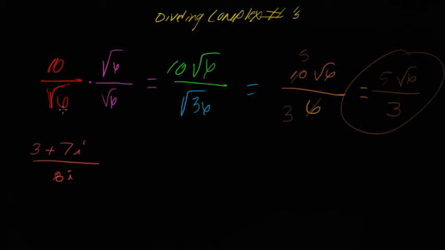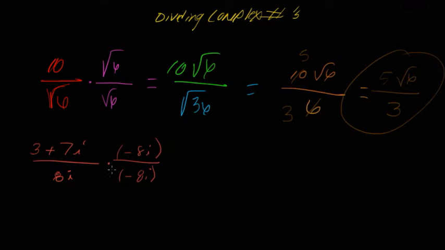The way we do that is not by multiplying by this number, but by multiplying by its conjugate. If you remember conjugates from my first video on complex numbers, the conjugate is the opposite sign of the imaginary part of your complex number.